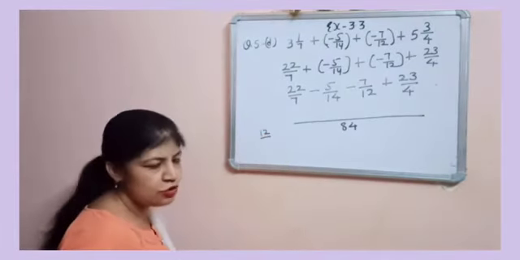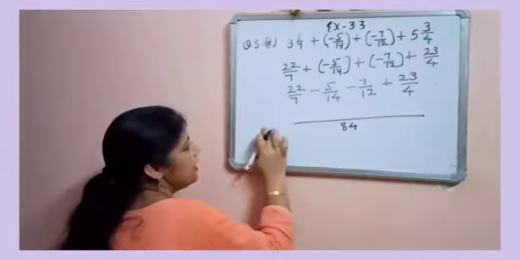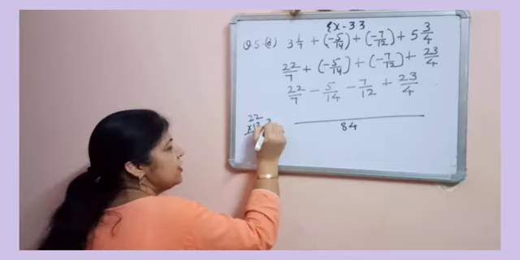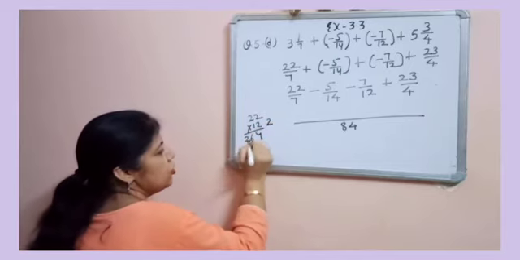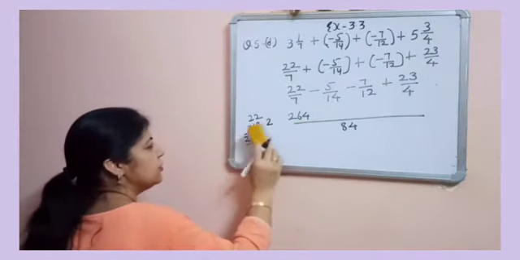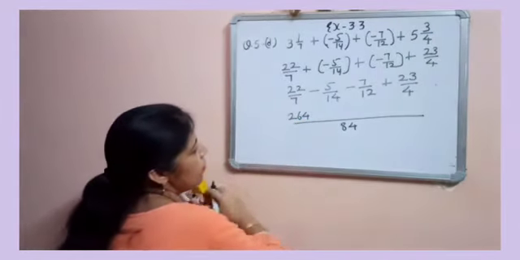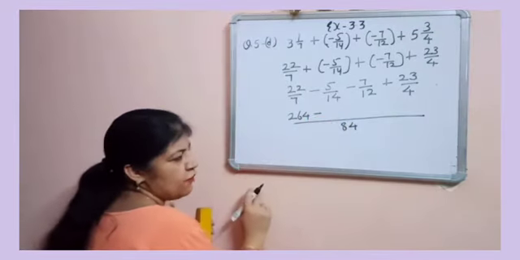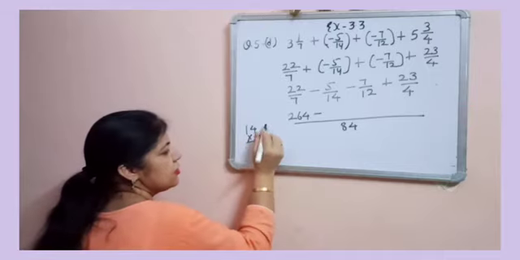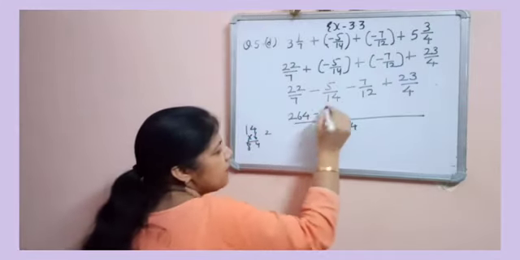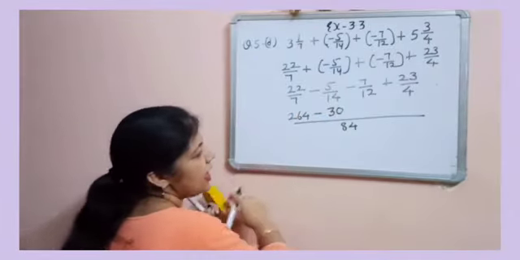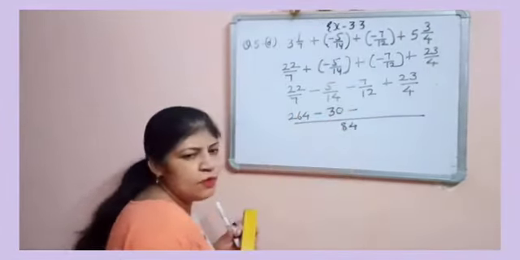You will get 12. Now multiply 22 by 12. What will you get? 264. Okay. Now divide 84 by 14. You will get 6. Now multiply 6 by 5. You will get 30. And divide 84 by 12.